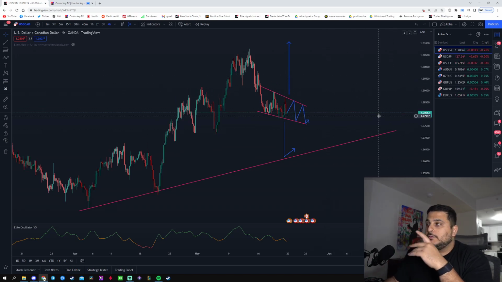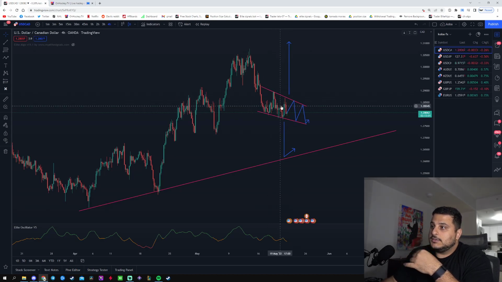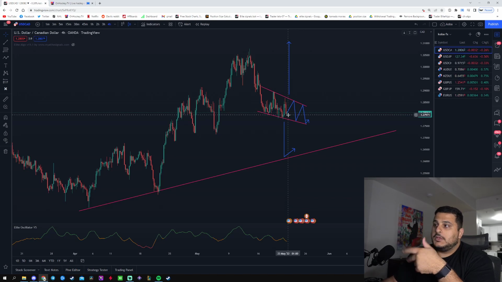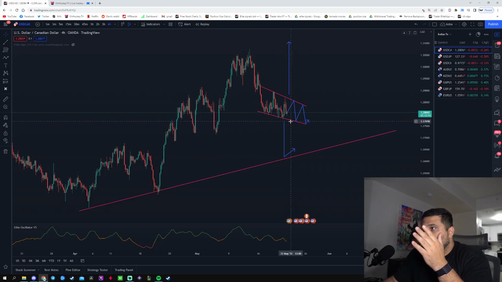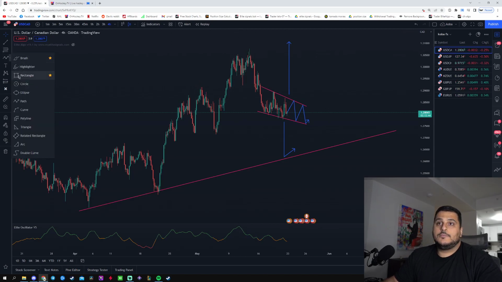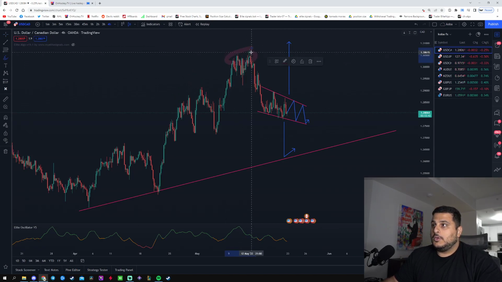The first pair I want to talk about is the USDCAD, and right now we can clearly see it's consolidating a bit. It's creating a little bit of a channel right here. So we were looking for three things. Either it comes back up and just stays in this channel, or if it breaks above this trend line right there, the price is probably going to go up and make another high. So we have a high right here, right?